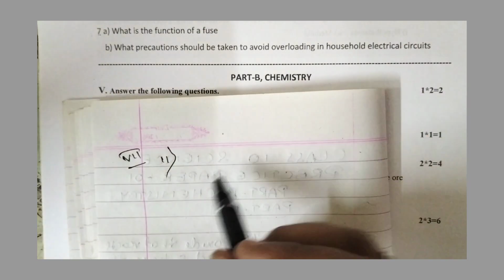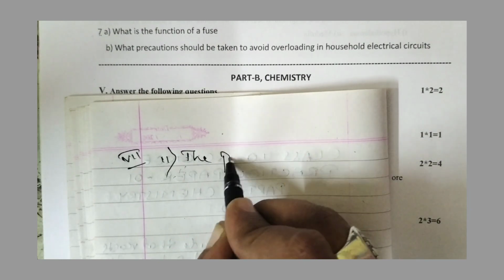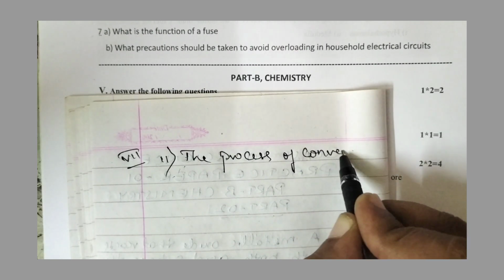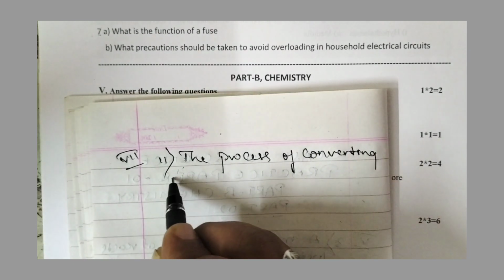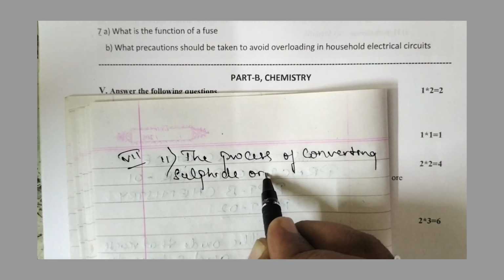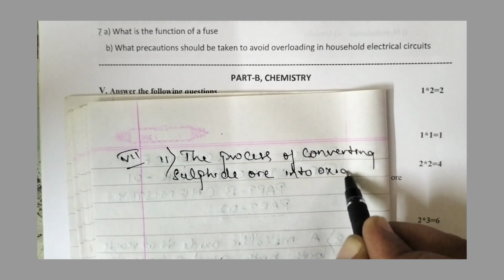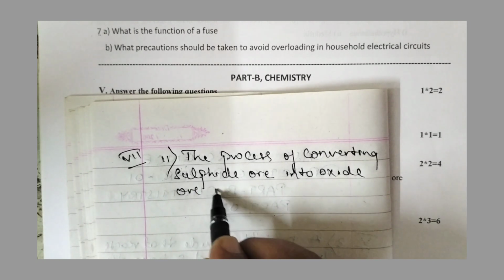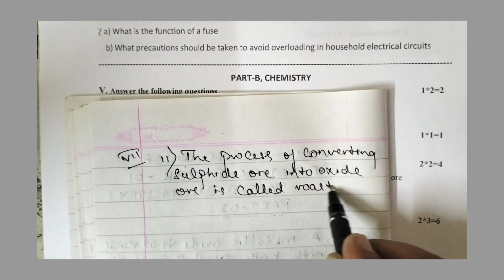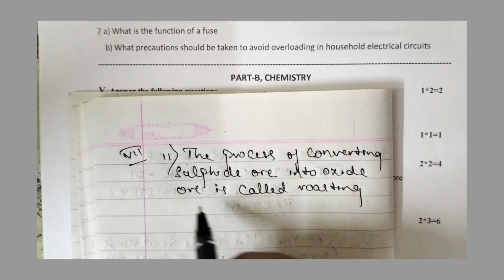So now, the process of converting sulfide ore into oxide ore is called roasting. Roasting is a process of converting sulfide ore into oxide ore.